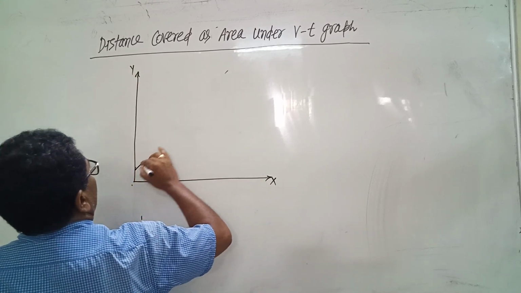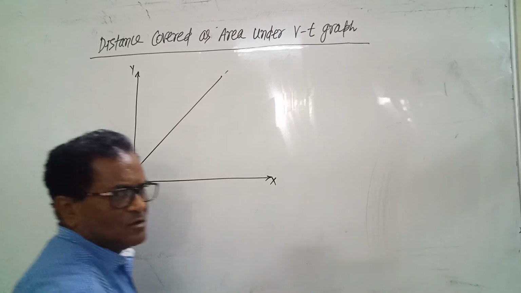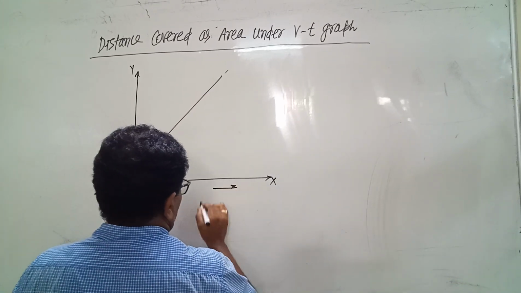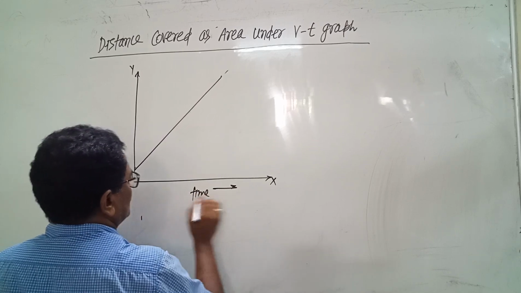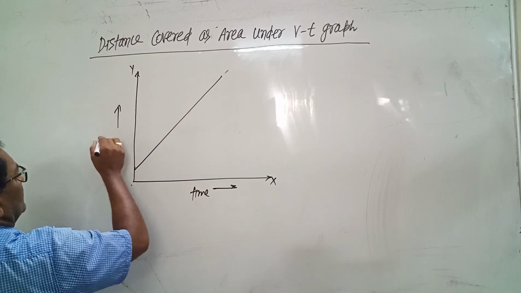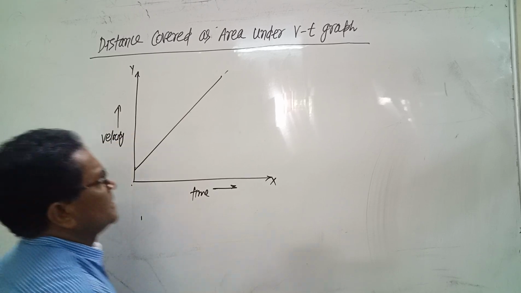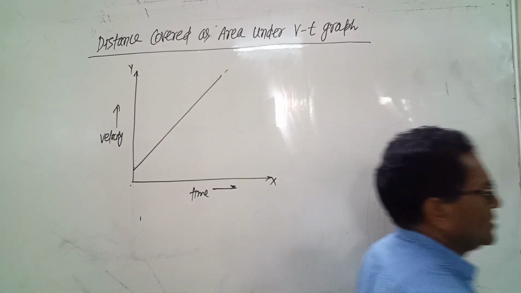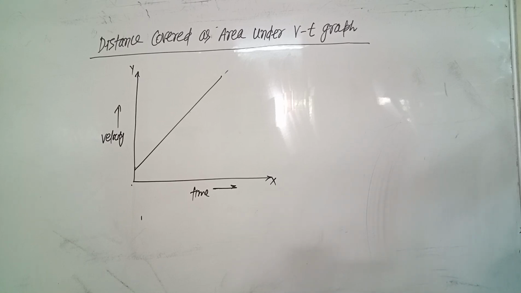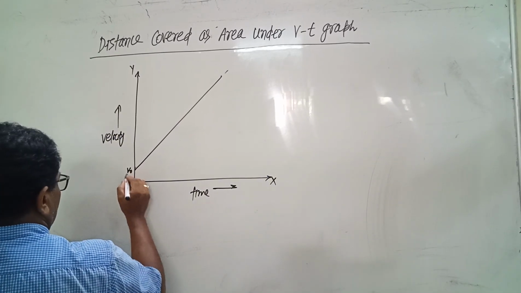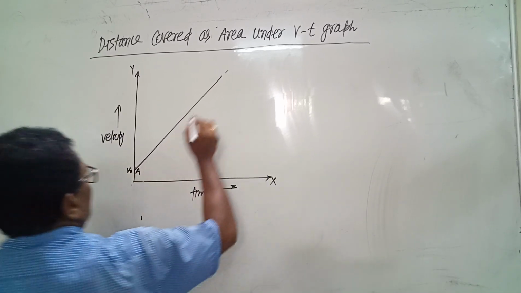Again, we will take the case of uniformly accelerated motion. Time axis and velocity axis. The velocity at this point is v naught.